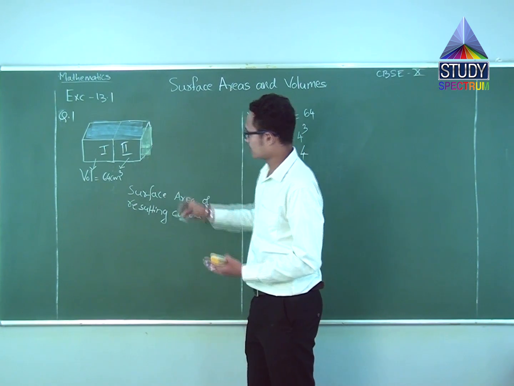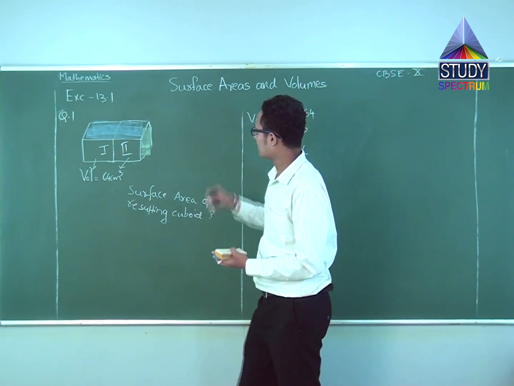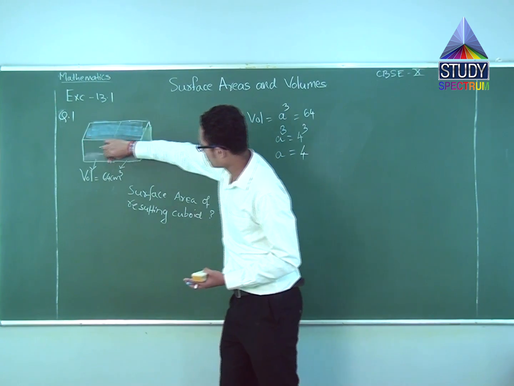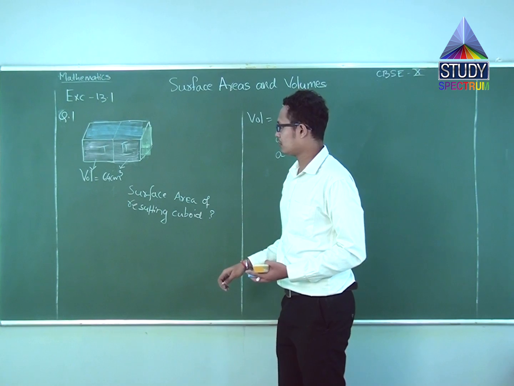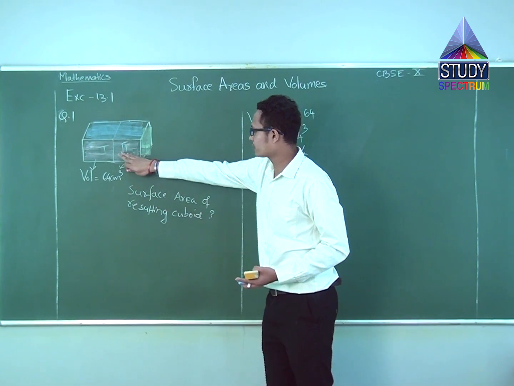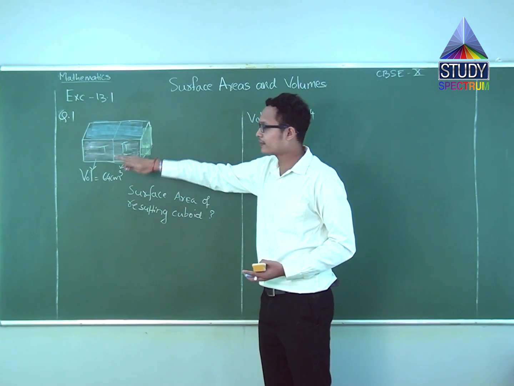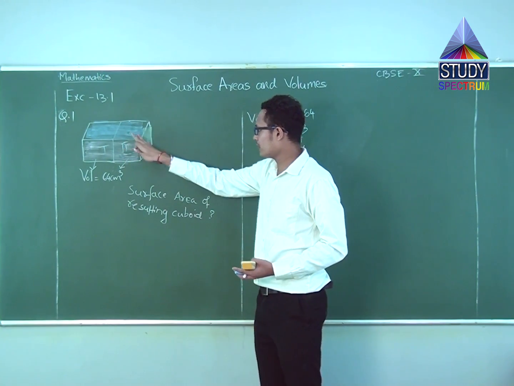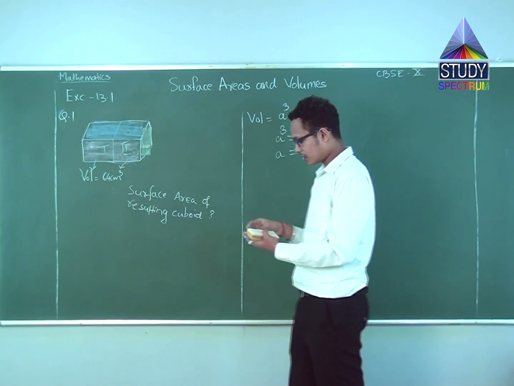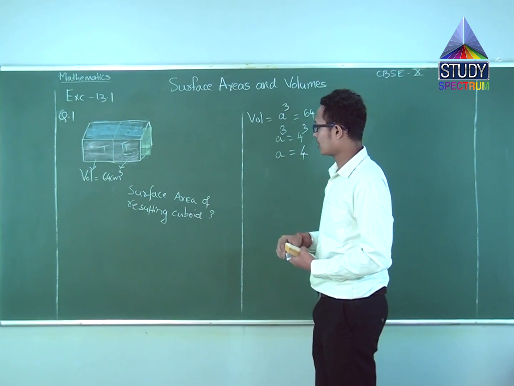This face, and then this face. In short, find the surface area of this, multiply that by 2, and add, similarly do this for the remaining faces. Let's solve now.